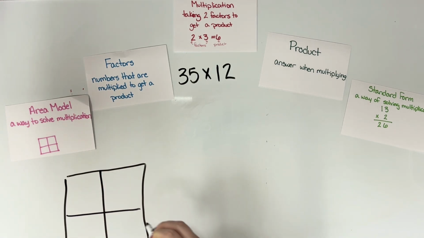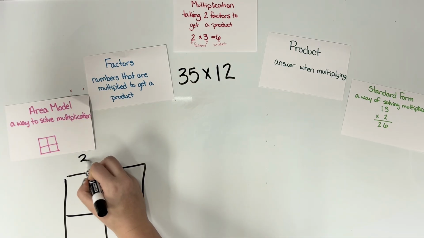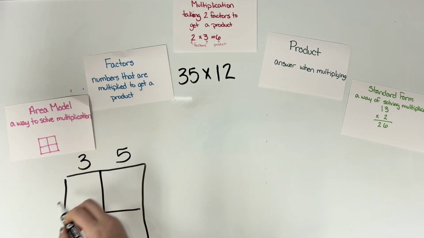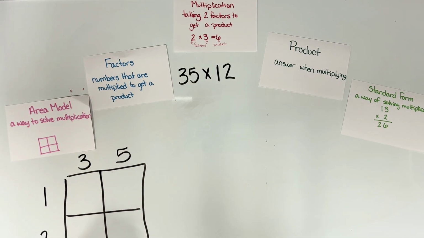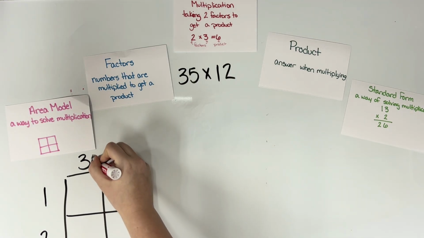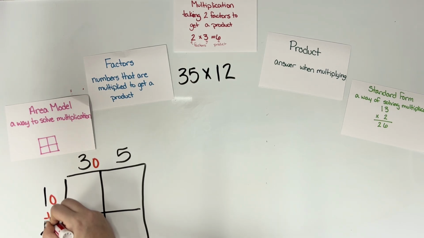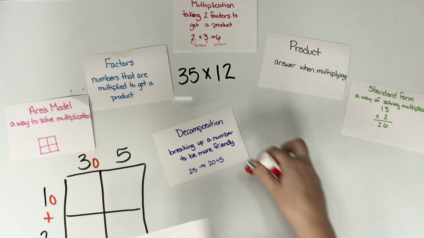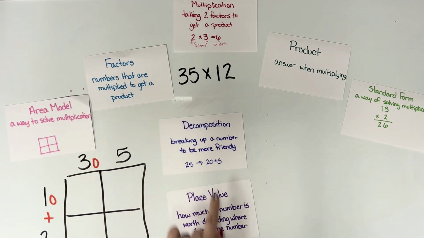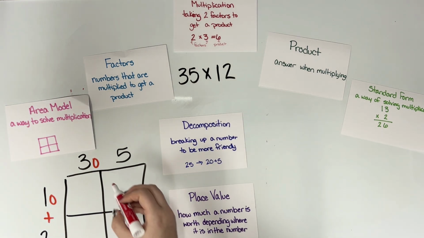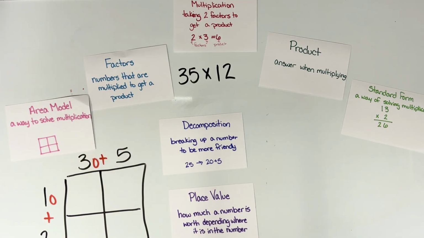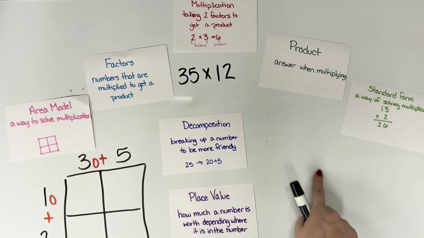So remember, set up your area model the same way we did before. And as you write your factors on the two sides, I want you to remember that these are not 3 and 1, it is 30 and 10, because we are decomposing by place value. In area models, we decompose using place value.